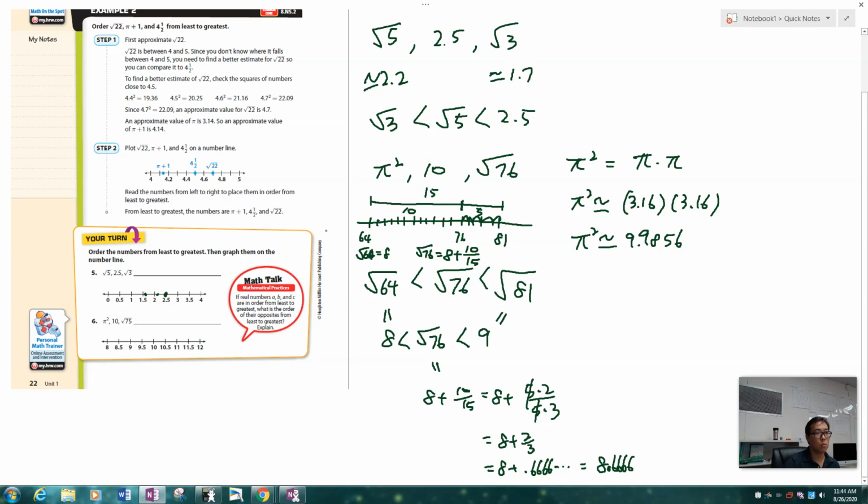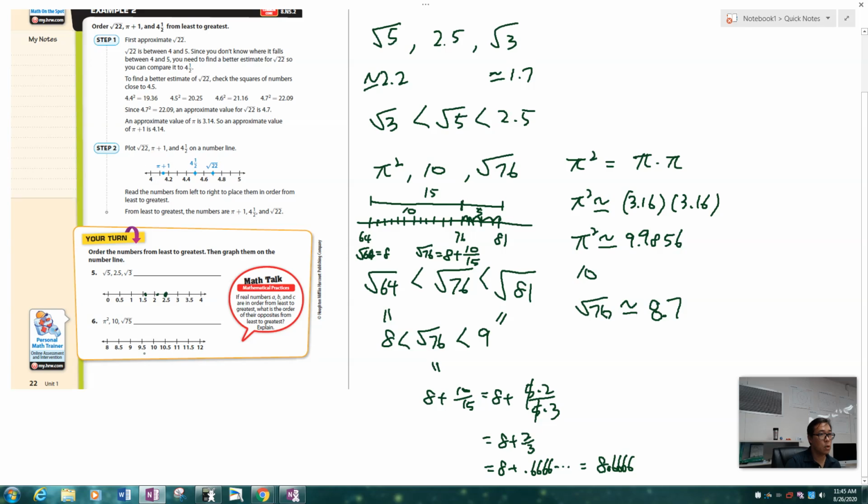So which one is the smallest and biggest number? We know that pi squared is 9.9856, and we know there's a 10, and the square root of 76 was approximately 8.7-ish. Which one is the smallest? 8.7, the square root of 76.